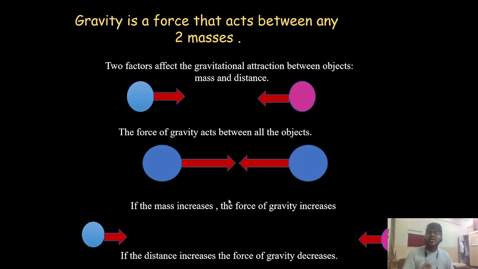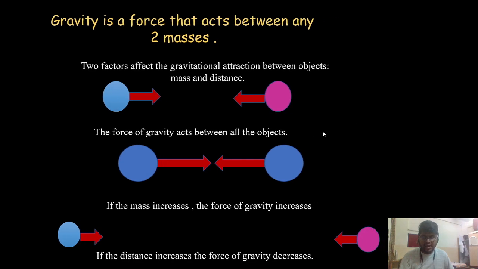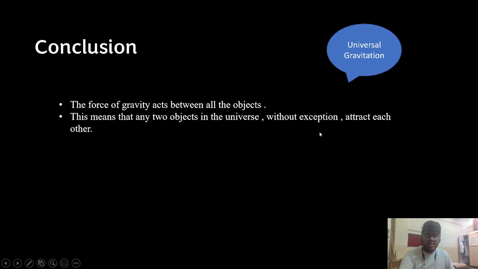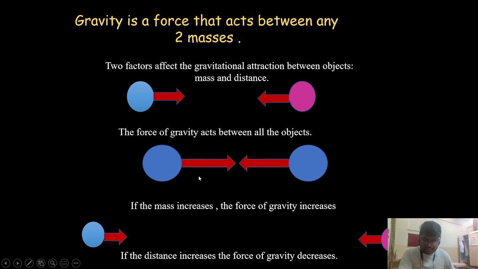Now let us understand how mass and distance actually function. The main thing to note here is that the force of gravity acts between all the objects, right? When the mass increases, the force of gravity increases. And if the distance increases, what will happen?